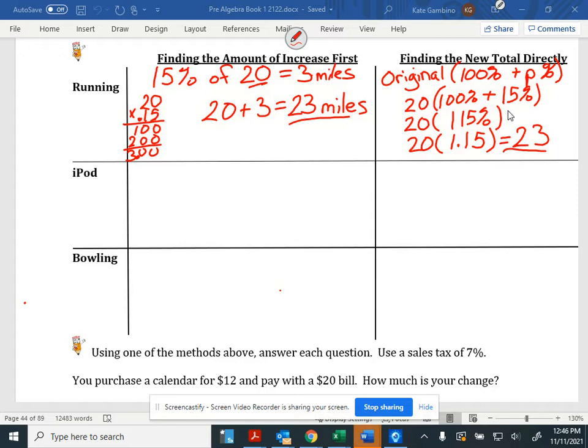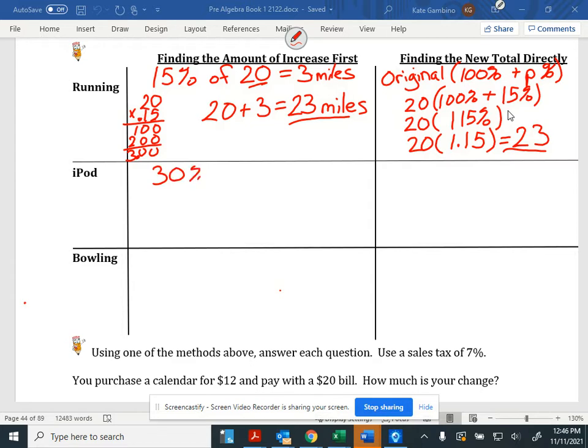You buy that iPod off of eBay for $125 and want to resell it for 30% markup. You want to make 30% profit. So if we're going to do it by finding the amount of increase first, how would I set up that problem, Paul? 30% of 125.